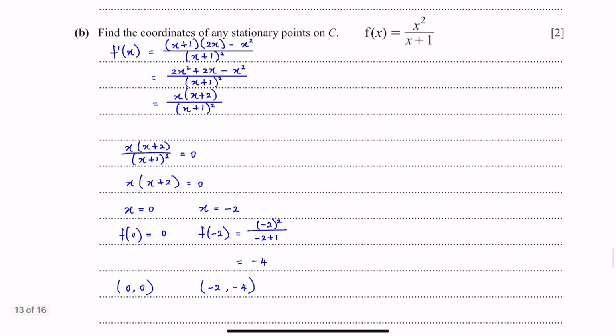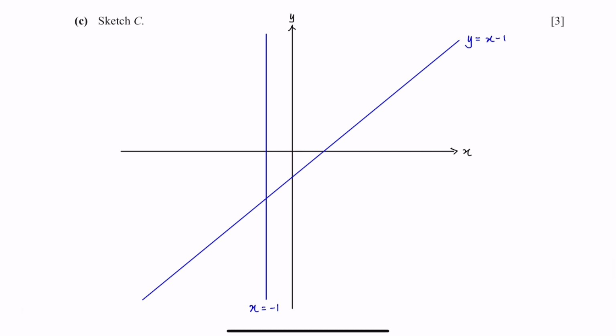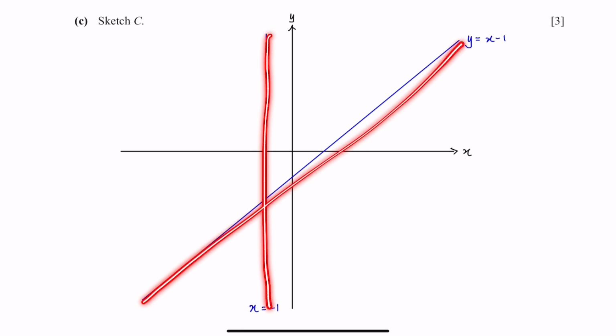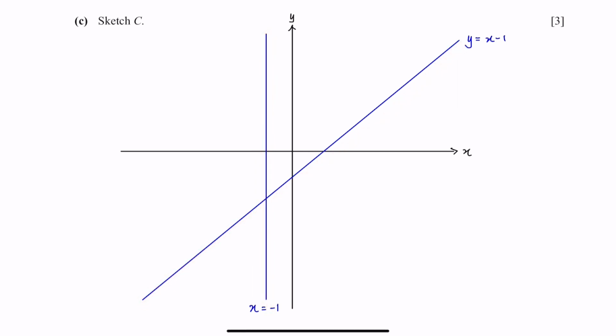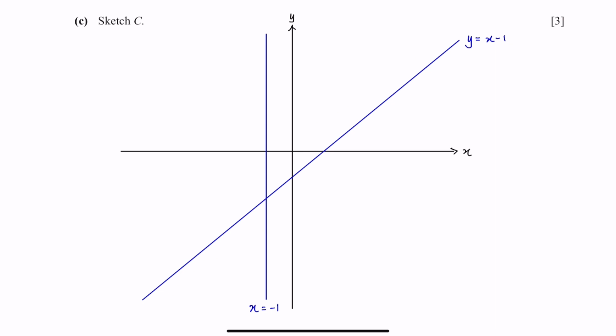From part B, we can tell that there are two stationary points on C. And for this kind of graph, if there is a vertical and a diagonal asymptote, and there are stationary points, that means the shape of the graph should be around like this. If there are no stationary points, they are normally shaped like this.